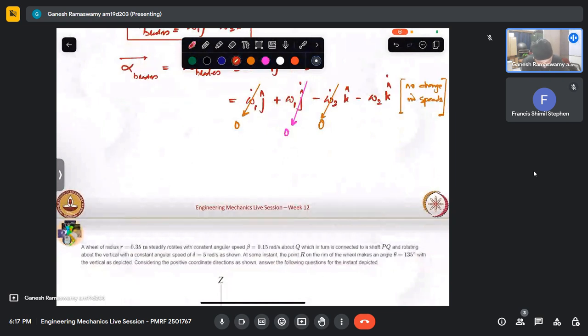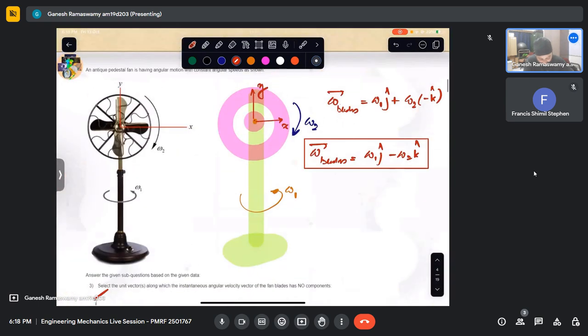So what does this imply? The angular acceleration of the blade is nothing but minus omega 2 k cap dot. Now we saw that k cap, what is the rate of change with which k cap is changing? It is omega 1.